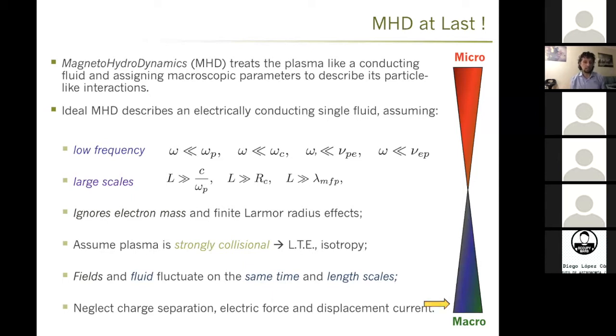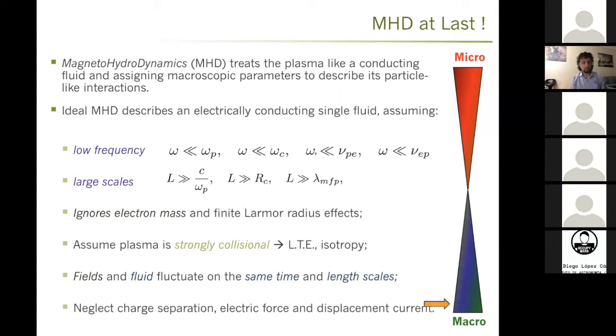Now, MHD, which is magnetohydrodynamics, treats the plasma like a conducting fluid and assigns macroscopic parameters to describe particle-like interaction. If you decide to embrace MHD, then you are assuming low frequency. That is, any frequency in your system is much smaller than the plasma frequency, the cyclotron frequency, and the collision frequencies.